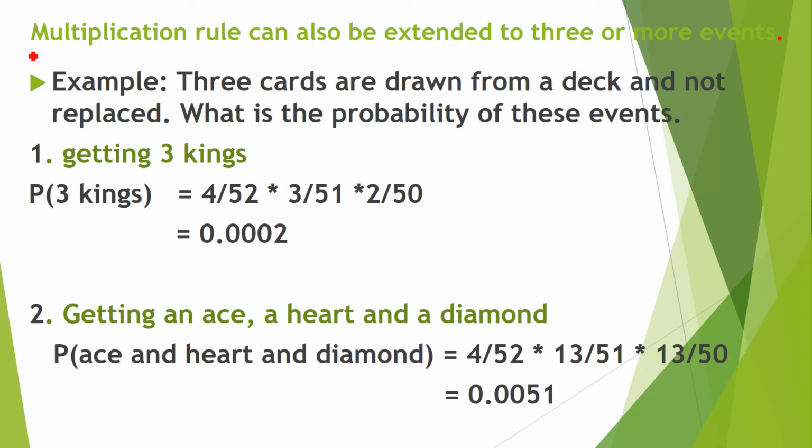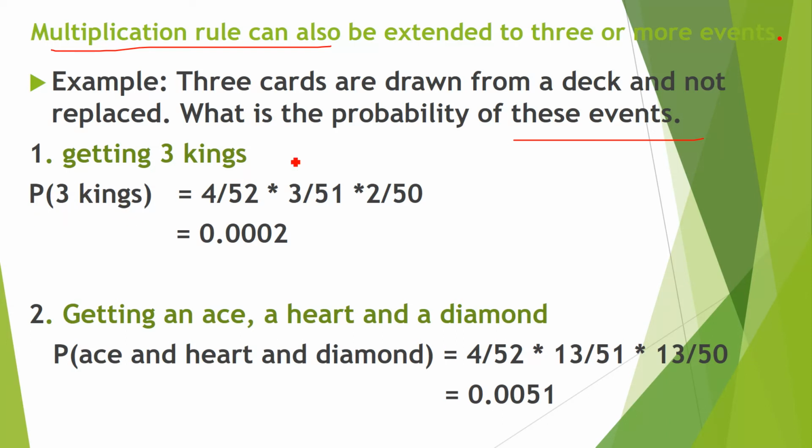Second question, multiplication rule. This is the important point again: it can also be extended to 3 or more events. It is not necessary that you have only 2, probability of A and B. You can have 3 or more events as well. 3 cards are drawn from a deck and not replaced. What is the probability of getting 3 kings? Now 3 events are involved here.